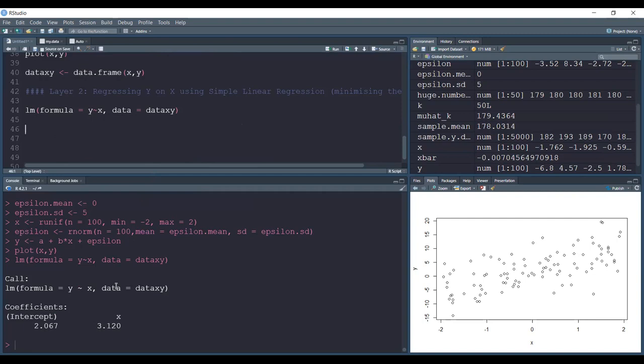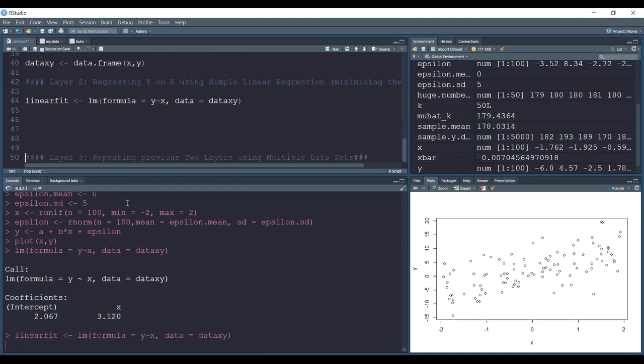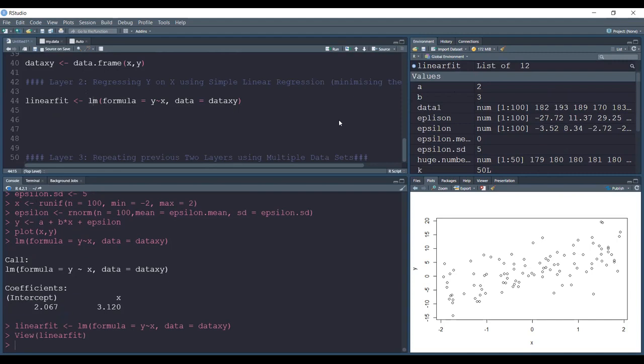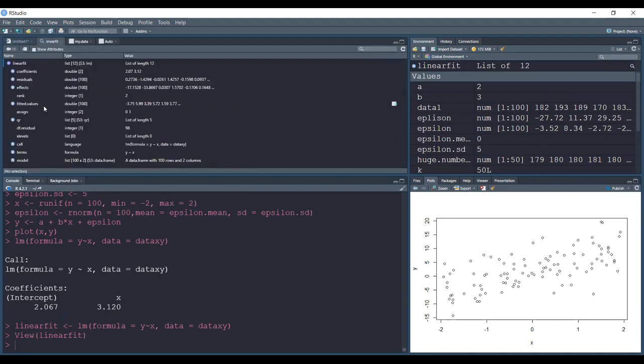I wonder if there's a formula somewhere. It would be nice if maybe, if I save this as linear fit, everything's an object in R. So when you fit a linear model, does it give us the RSS?